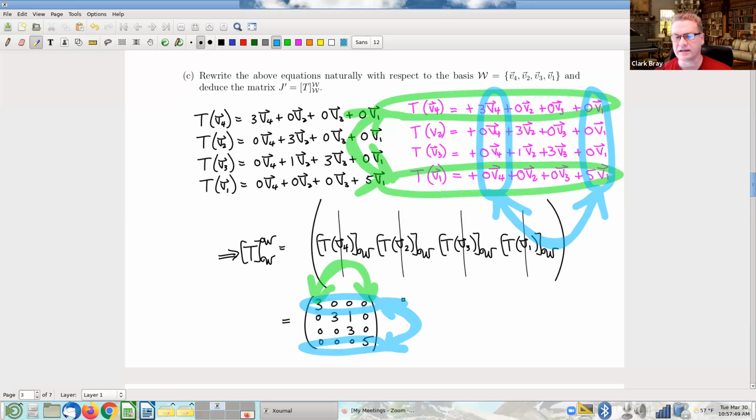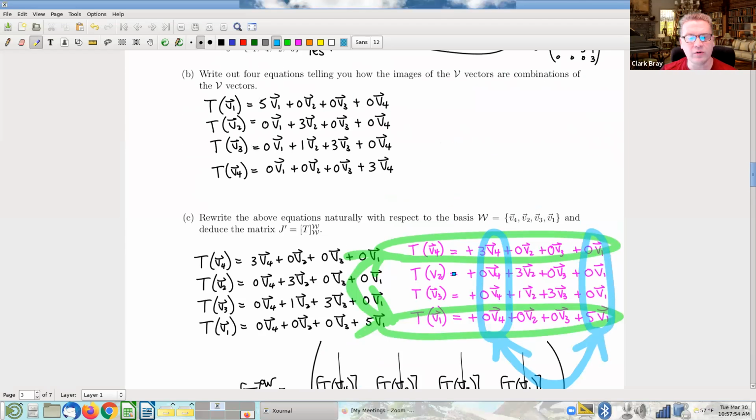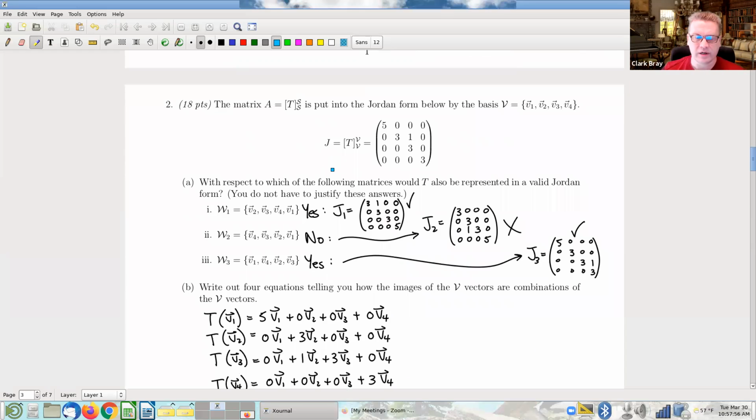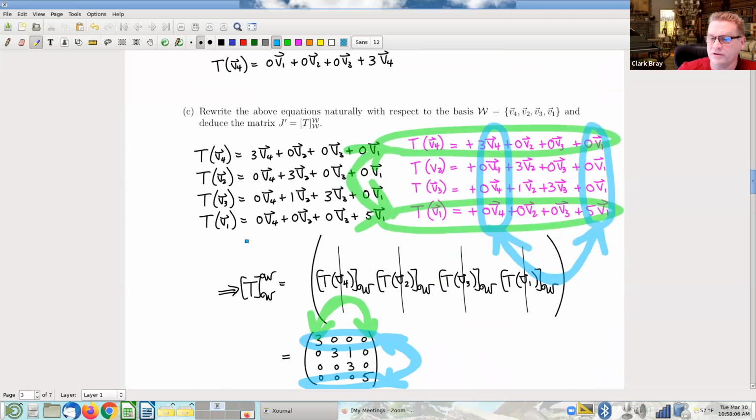So I think it's a nice little exploration, right? Why was it okay what we did up here when we just said, however you reorder the basis vectors, that's how you reorder the rows and columns, thus giving rise to these matrices? Well, it's because when you reorder basis vectors, you're reordering equations and you're reordering terms.